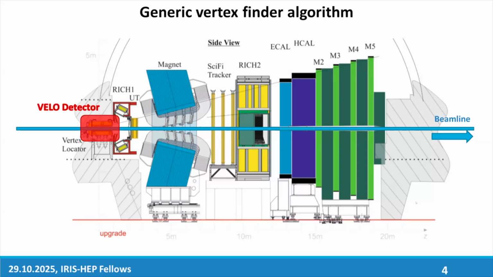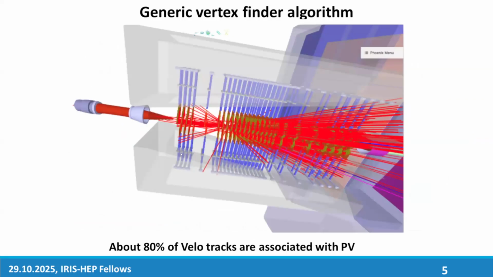And for us, the most interesting is the first detector, which is the VELO detector. We can see the schematic representation of this detector, which consists of 52 modules, 26 from the top and bottom part. Here we can see a lot of tracks, which are used for reconstructing vertices.